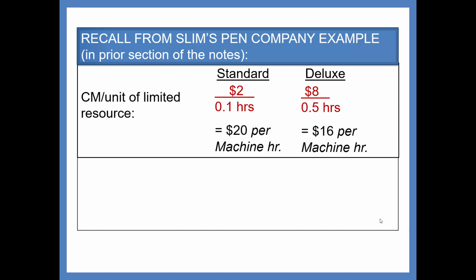Since the standard model was the most profitable, we had already met demand of the standard model. Now this is important because you now recognize that if you can loosen up that constraint, you would use the hours to produce not the most profitable product, but the product that you've not met demand for yet. That would be the deluxe model.